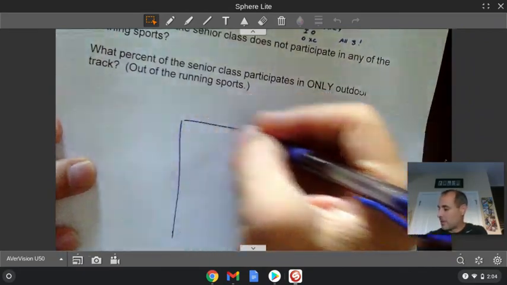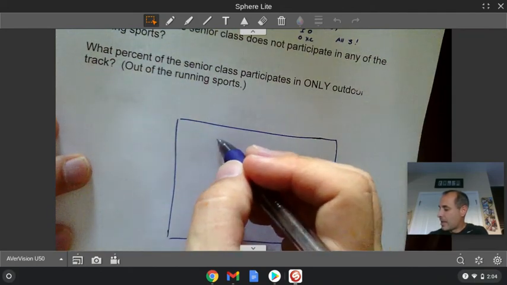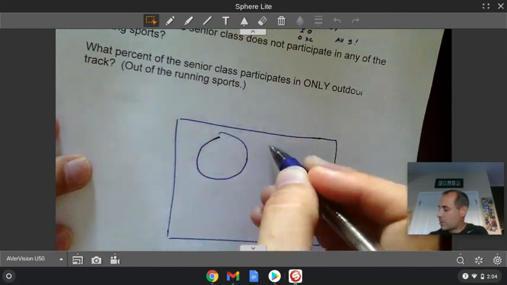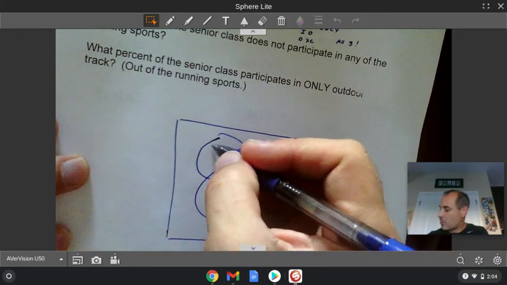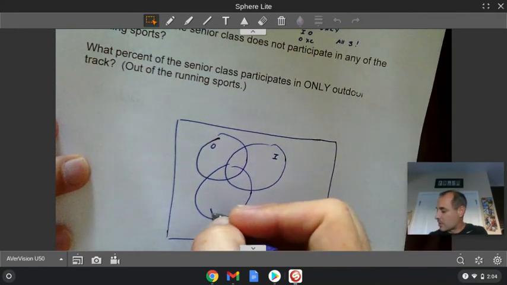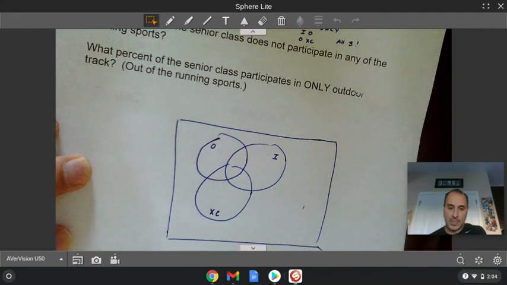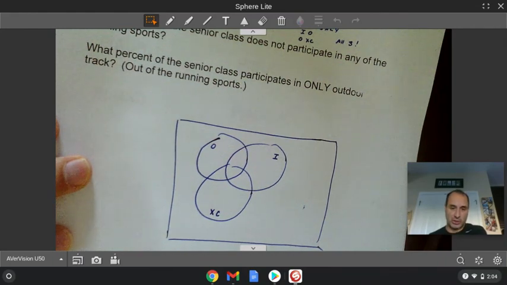My Venn diagram includes a rectangle that is my universe, that is everyone, and then three circles: circle one, circle two, and circle three. I'll let circle one be outdoor track, circle two be indoor track, and circle three be cross country. Okay, and now I'm going to try to fill in the sections of that picture.